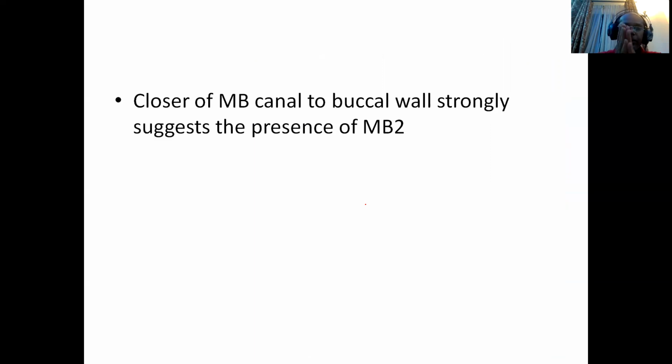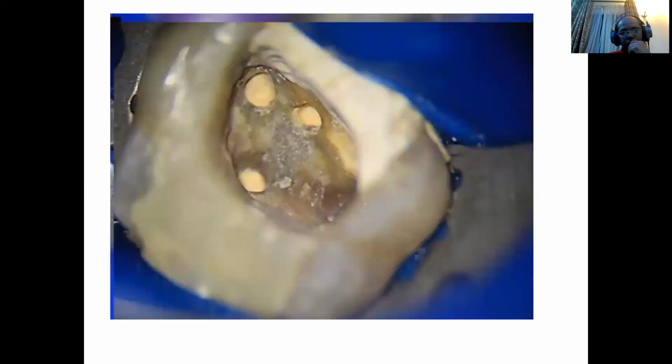So the clues for how we suspect there is a chance of MB2 being present: if the main canal, MB1, is close to the buccal wall at the corner level, then there could be an MB2 present.